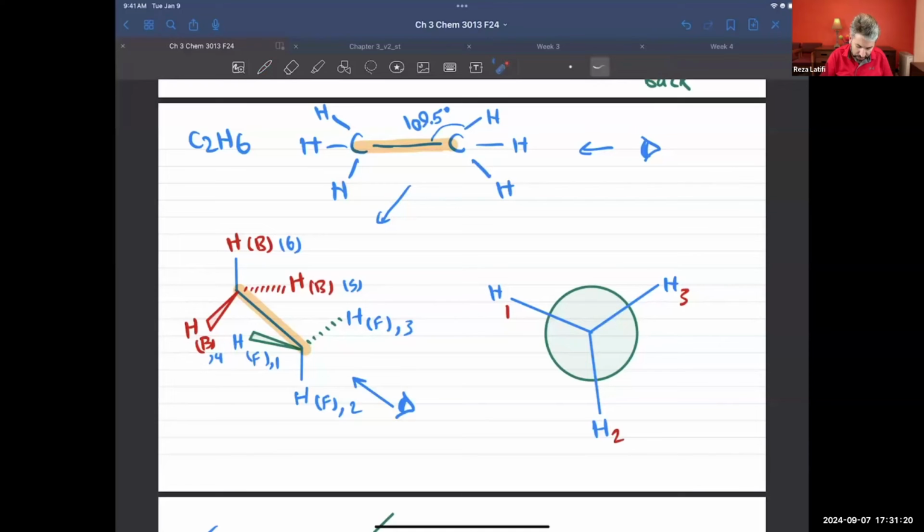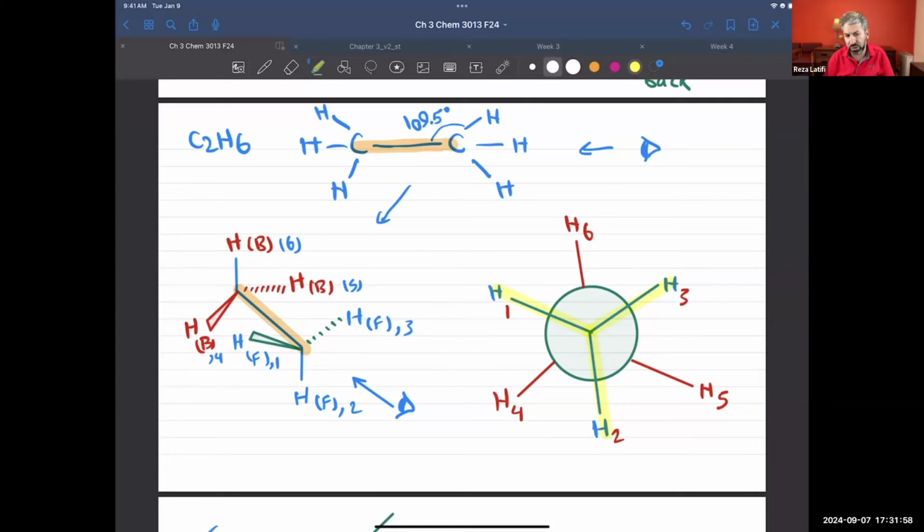So again, when I look through this direction, hydrogen number 4 will be between hydrogen number 1 and number 2. That means you need to draw hydrogen number 4 here. Where is number 6? Number 6 is going to be up, and number 5 will be here. Again, the yellow are the front.